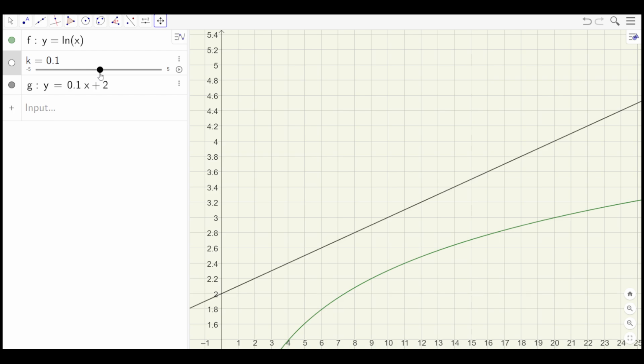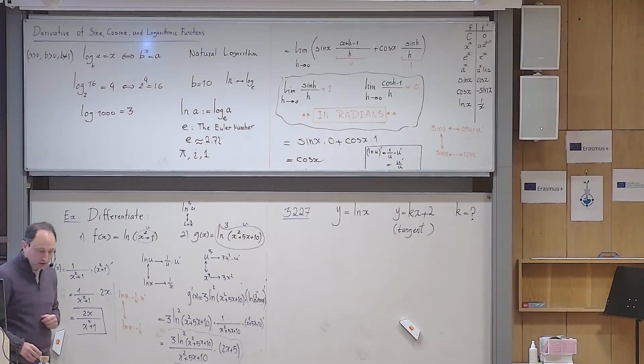I can change the increments, but I don't want to waste time because we don't have that much time. But I hope that you agree with me. If I start changing the value of k, for exactly one value of k, the black line becomes tangent to the green curve. That value of k we want to find in this problem. Yes, is that clear? Okay.